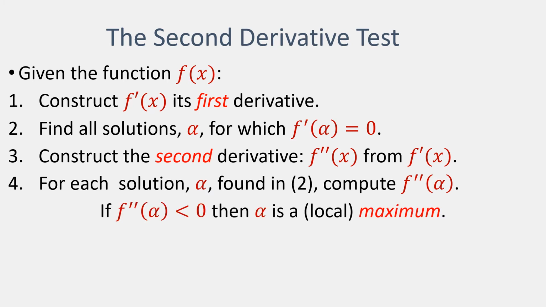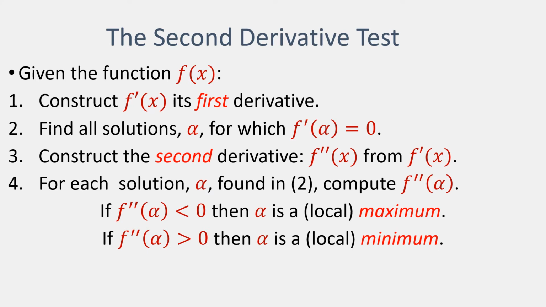And then, if that value is negative, strictly less than 0, then that tells us that the corresponding critical point is a local maximum. If that value is positive, if it's strictly greater than 0, then that point is a local minimum.